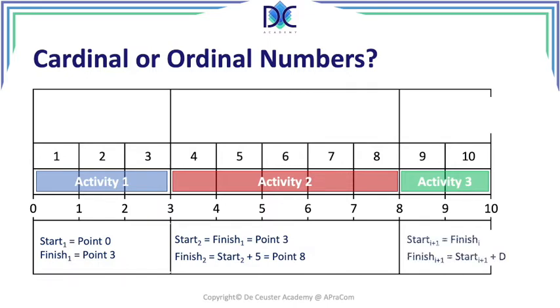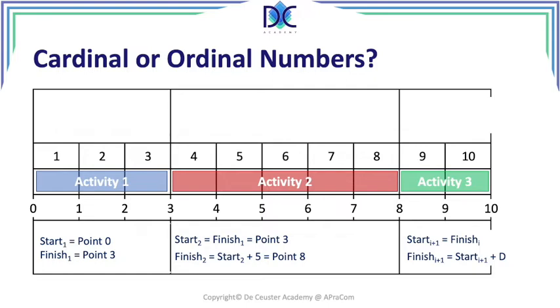For activity 3 we find basically the same things, but now we can already start writing it as a formula, as an algorithm. So the start of the follow-up activity is equal to the finish event of the predecessor, and the finish or end time of the activity is equal to the start plus the duration.